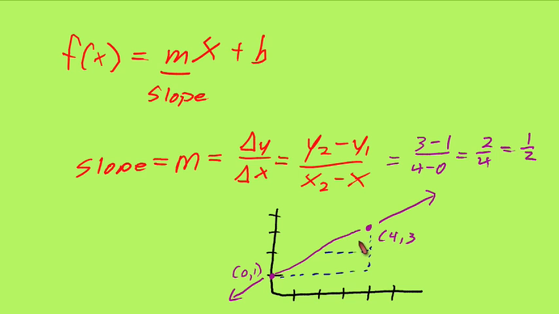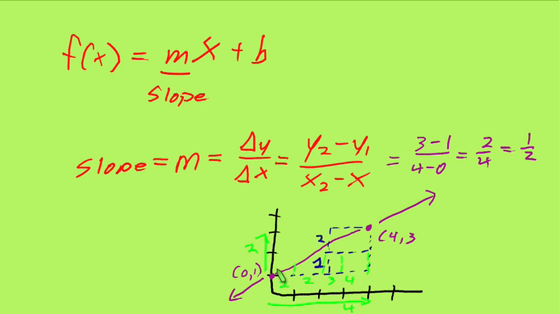Notice this triangle goes up, changes 2 blocks of y, and 1, 2, 3, 4 blocks of x. So we've raised up 2 and over 4. 2 divided by 4 is 1/2.